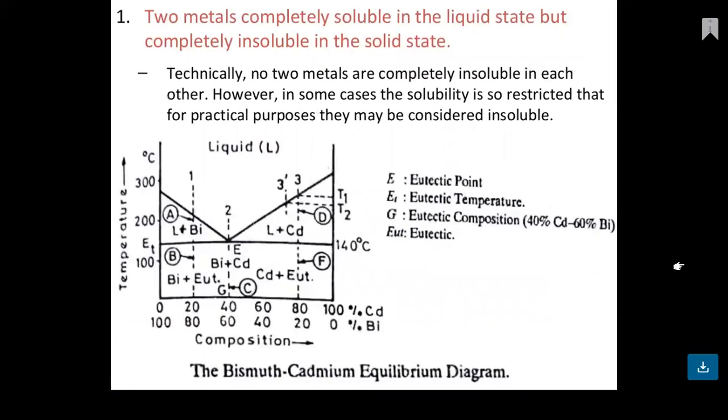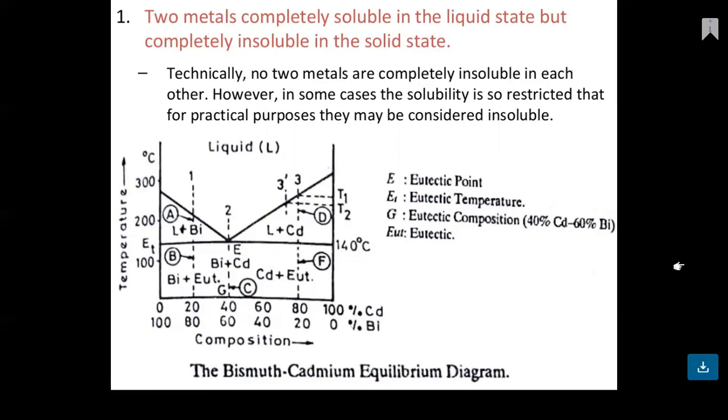Two metals completely soluble in the liquid state but completely insoluble in the solid state. Technically, no two metals are completely insoluble in each other. However, in some cases, the solubility is so restricted that for practical purposes, they may be considered insoluble. We see this diagram, a temperature versus composition diagram.